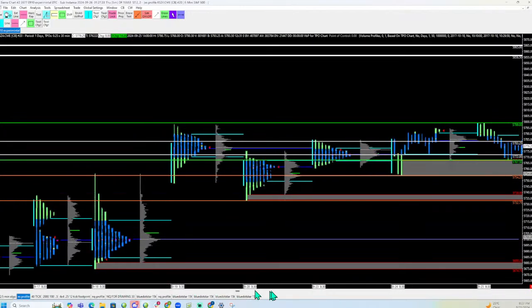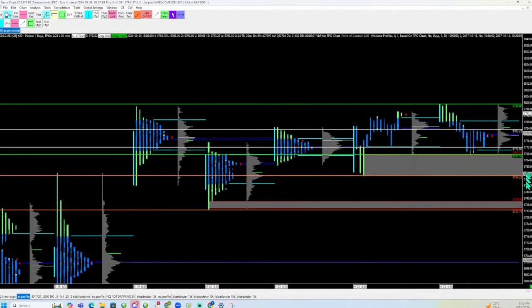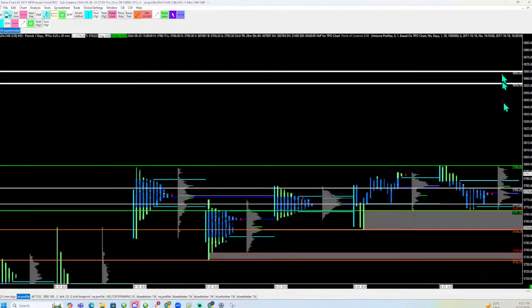It's not loading for some reason on ES, and I won't worry about it. I'll just make the adjustment. So these are the levels going into tomorrow, so I'll make this pretty wide. That's still my upside target up there, this location.